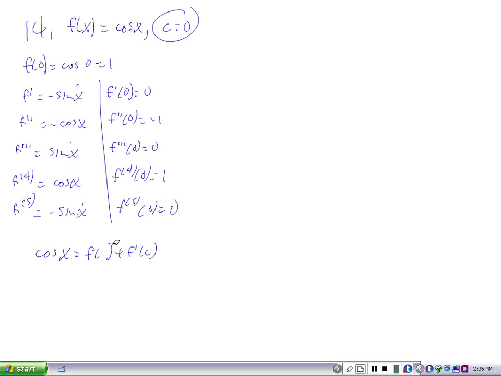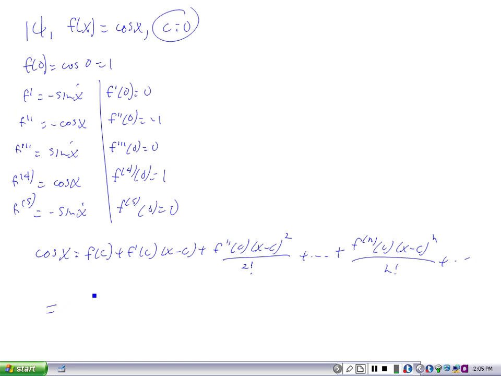Let me just write the generic formula itself, times x minus c plus f double prime at c times x minus c to the second all over 2 factorial, plus and so on, plus the nth derivative at c times x minus c to the nth all over n factorial, and you keep on traveling with that.